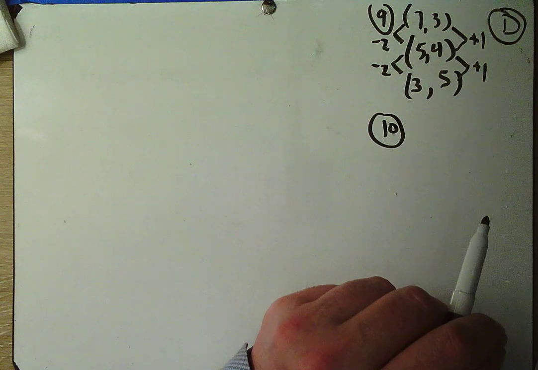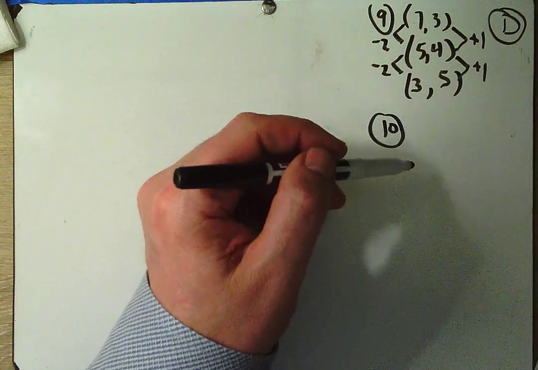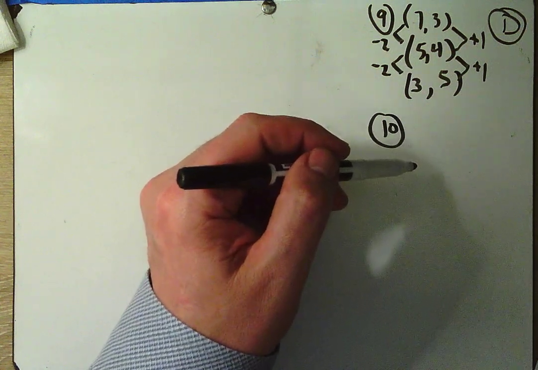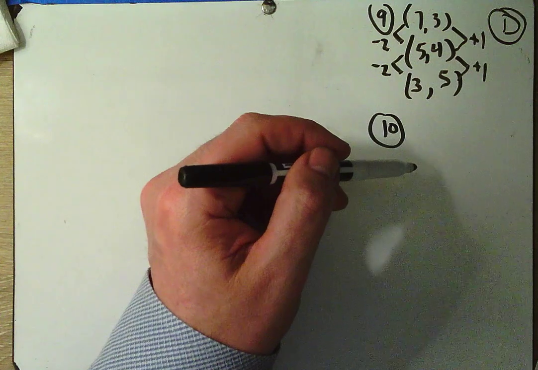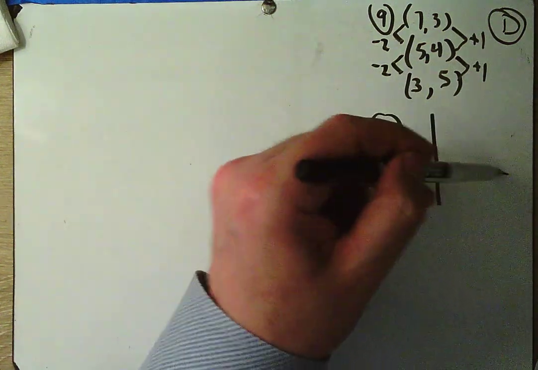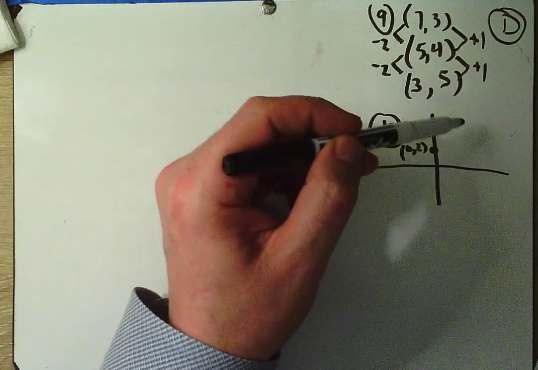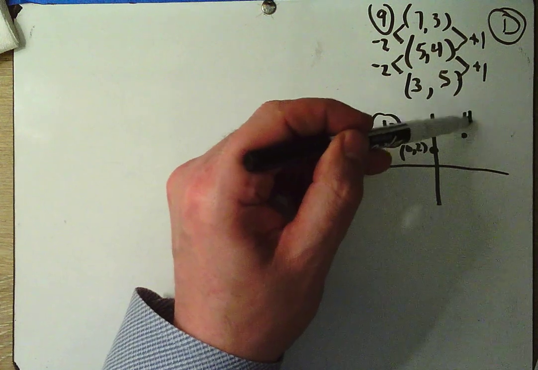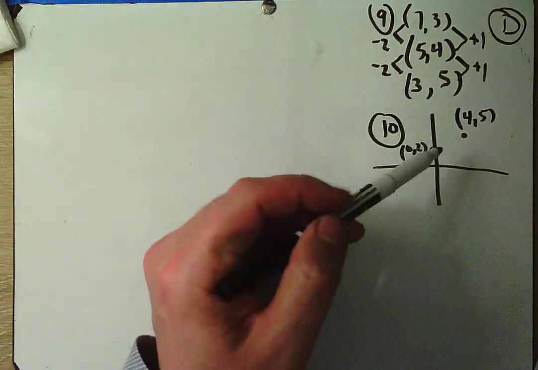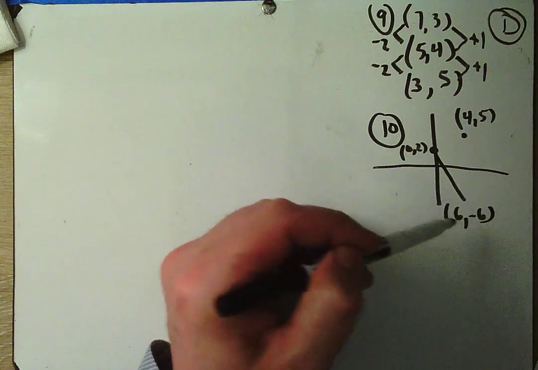10. Rectangle ABCD has vertices A (4, 5), B (0, 2), C (6, negative 6). If we graph them in a standard xy plane, what would be the vertex D? Well, if I sketch this, here's (0, 2), and here's (4, 5), and this one is (6, negative 6).